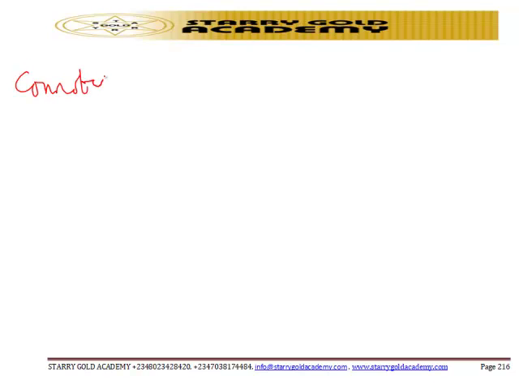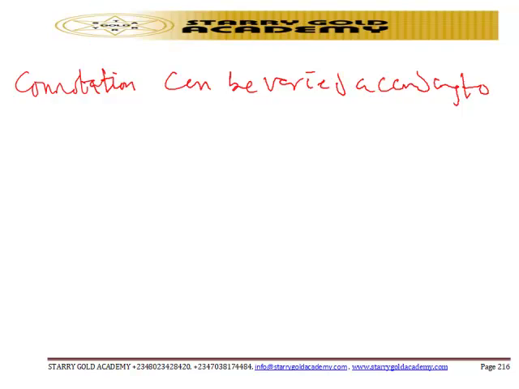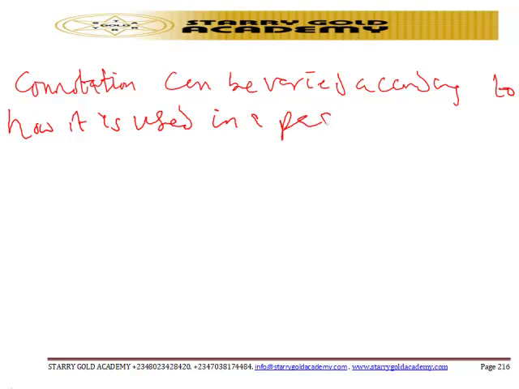Connotation, rather than denotation, can be varied according to how it is used in a passage.